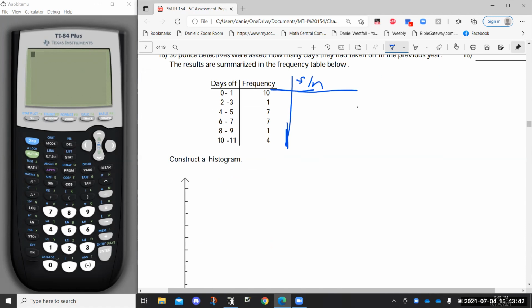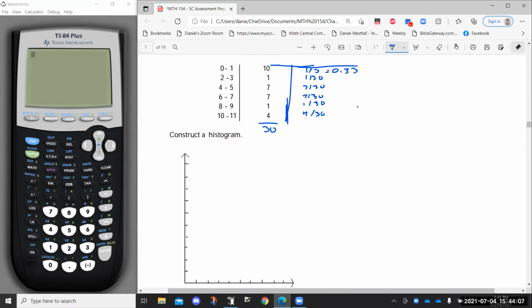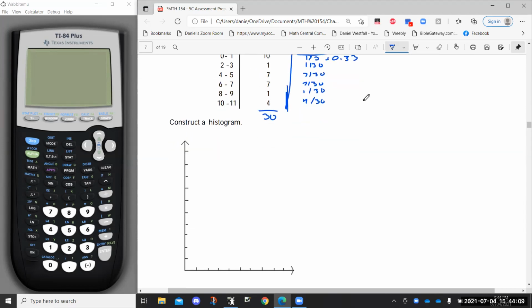This is going to be 11, 18, 25, 26, 30. 10 over 30 is a third. 1 over 30. 7 over 30. 7 over 30. 1 over 30. 4 over 30. Tip here is that you can make these over 30 and still be correct.